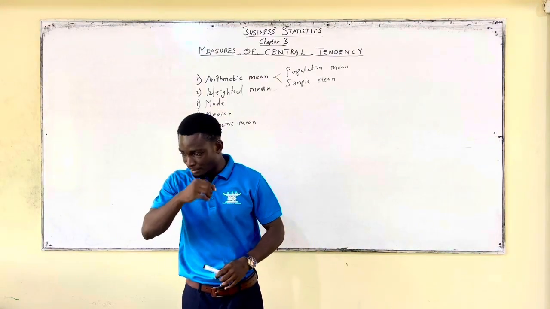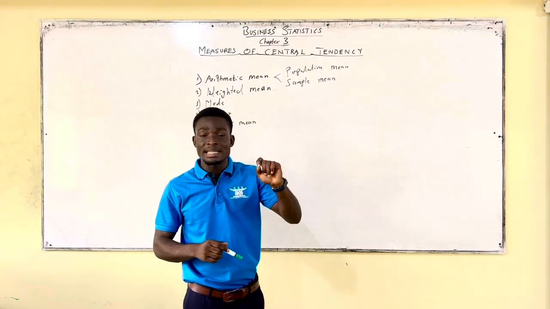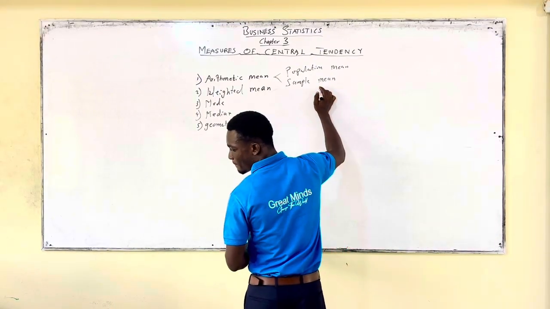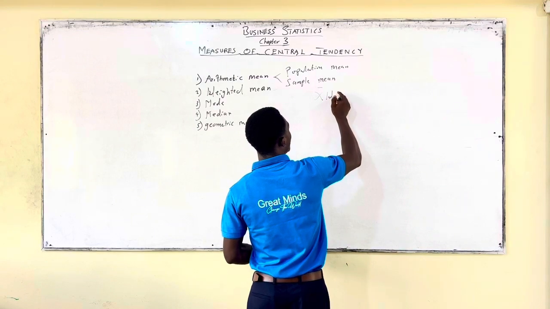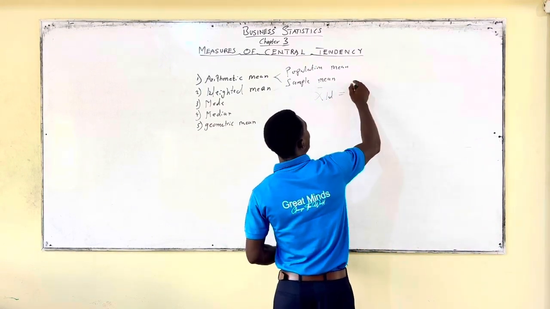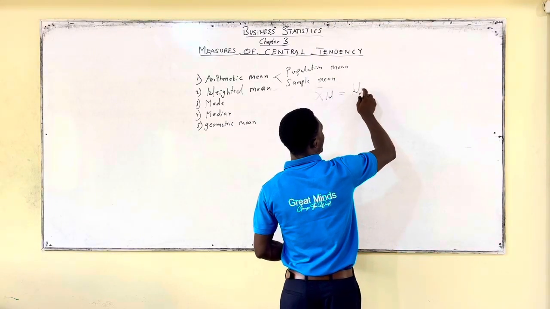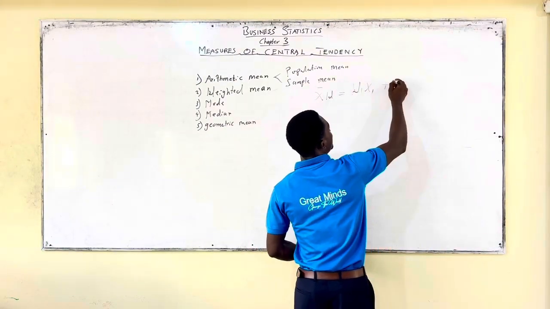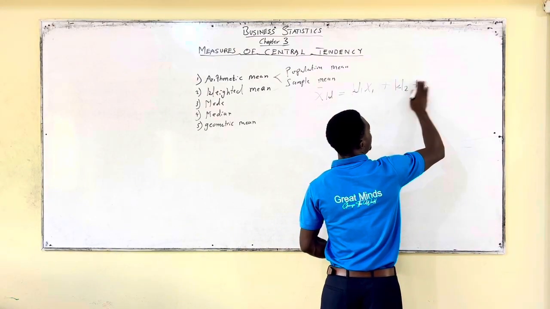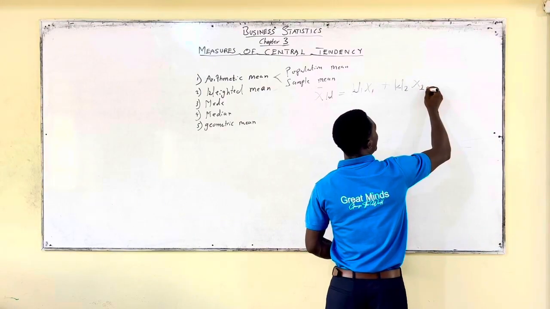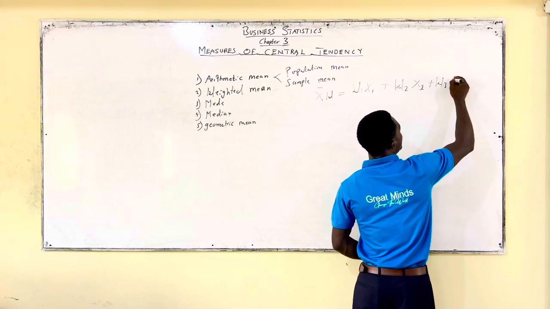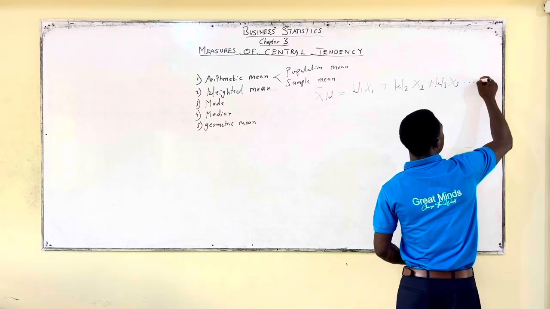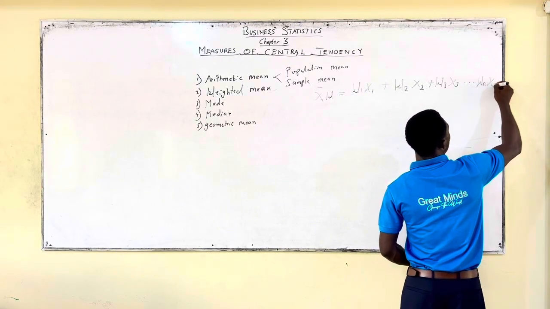Okay, and in so doing, we say that if you want to find a weighted mean, which is x bar w, it is equal to the weight of the first times the x value, plus the weight of the second times its x value, plus the weight of the third times the value of the third, till you get to the weight of n times the value of n.